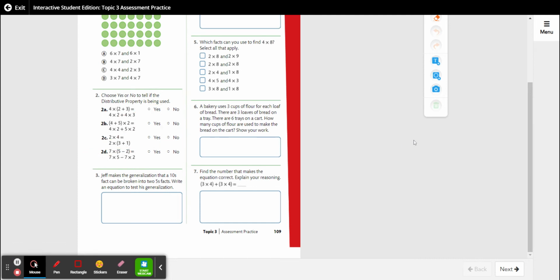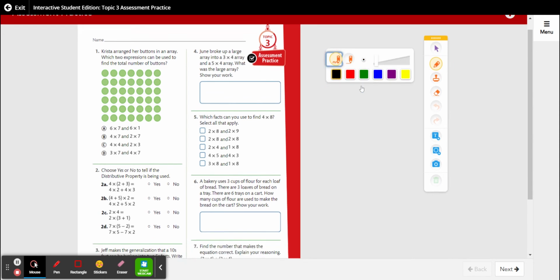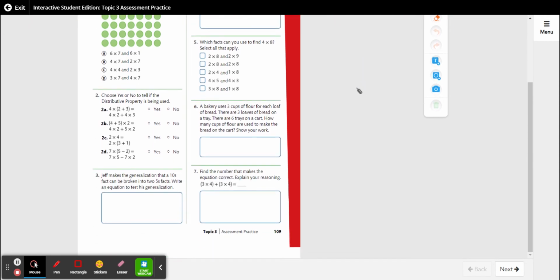Number 3. Jeff makes the generalization that a tens fact can be broken into two fives facts. Write an equation to test his generalization. Okay, so your first step is think of any tens fact. For example, I'm going to do 10 times 6.